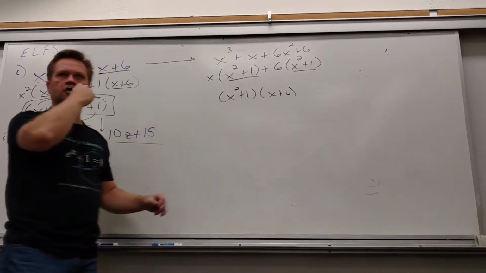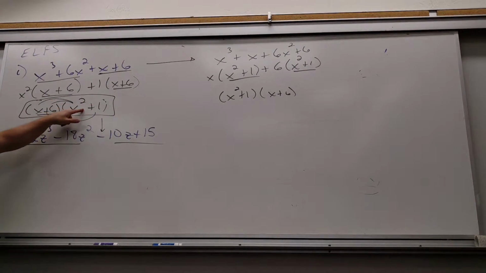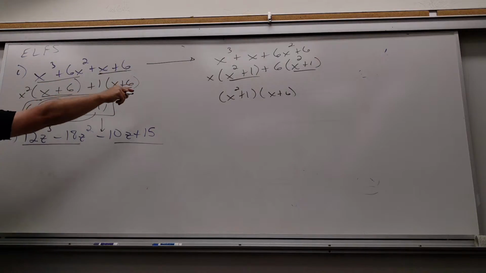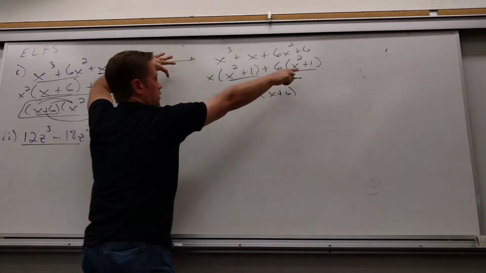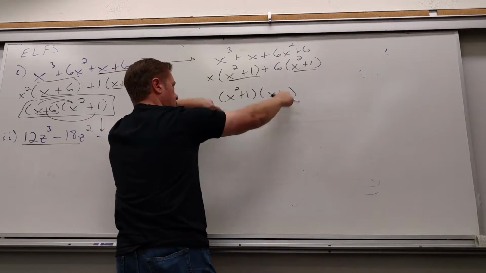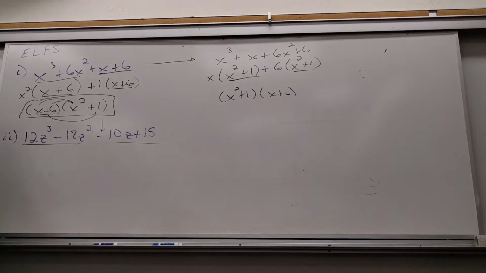You still get the same answer, right? Notice something. Where we got x squared plus 1 in the answer, where was that here? Where's x squared plus 1? On the outside. Where's x squared plus 1 here? On the inside. X plus 6 is on the outside, x plus 6 for me was on the inside. But at the end, they both agree. It's just reordering things.